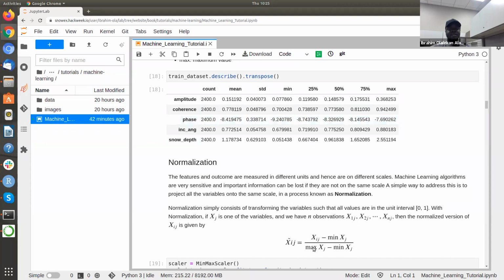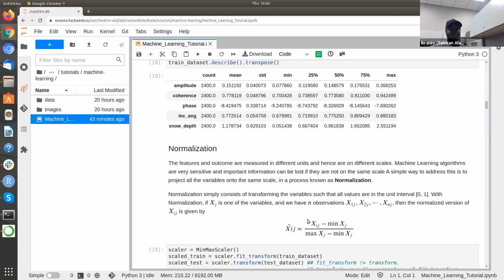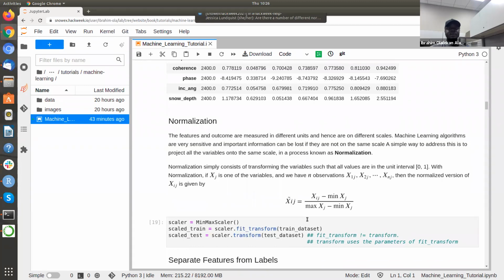Then I divide it by the difference between the maximum, which in this case is -7.69, and the minimum. Then with that, I'm going to get the normalized version. The essence of this normalized version is to put all the variables into the same scale. And with that, our machine learning model could train faster and improve generalization.